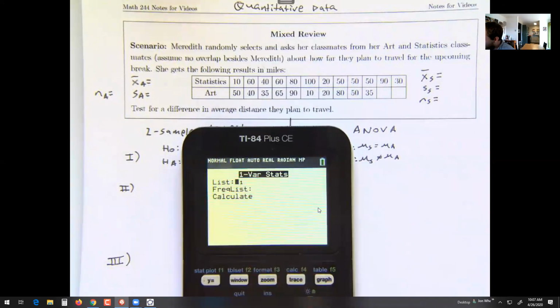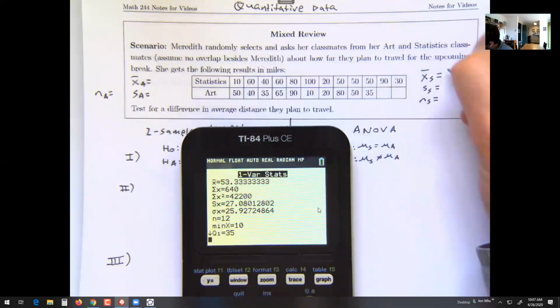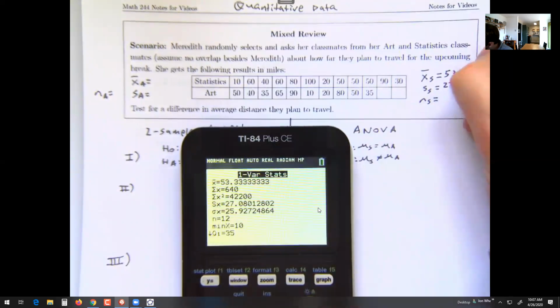In list 1, I had all of my statistics, and it had an average of 53.33 repeating, a standard deviation of 27.08 or so, and 12 samples.